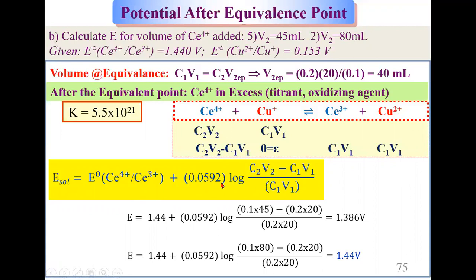Plus 0.592 log of, again, there's a plus sign, so it's oxidant divided by reductant. So the oxidant form of the selenium is Ce4 plus, and the reduced form is Ce3 plus. So it's going to be this expression, C2V2 minus C1V1 divided by C1V1.